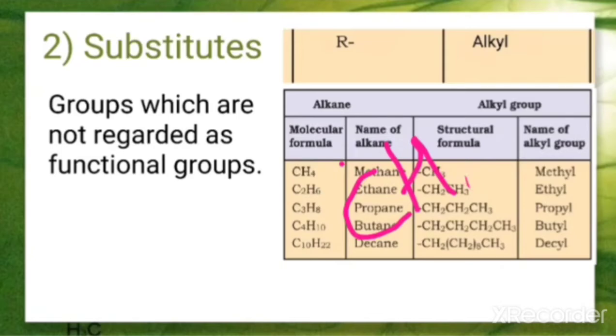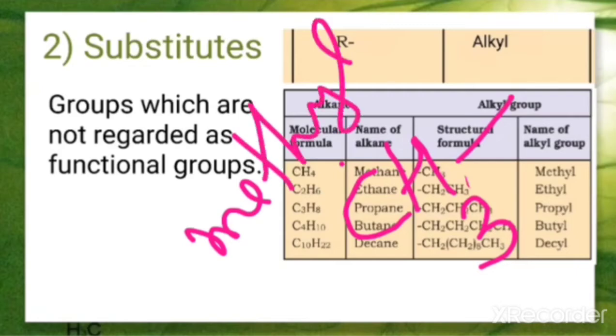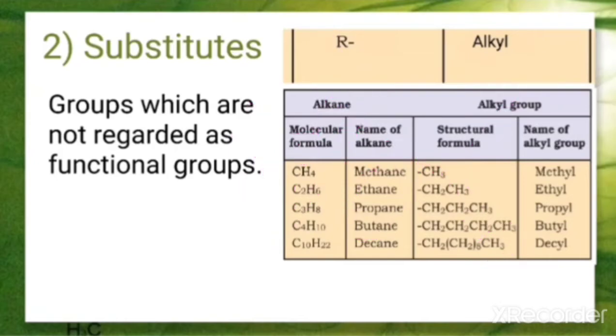So now it becomes CH3 with a dash. This dash shows that it is a group. Now it is not called a compound, it is called a methyl group. And the general word we are using is alkyl group.